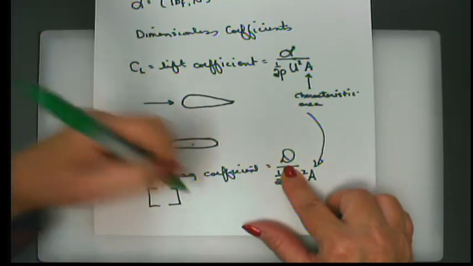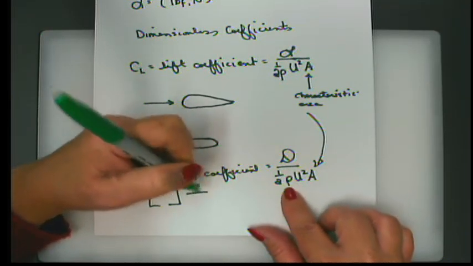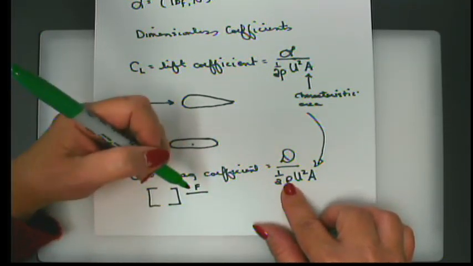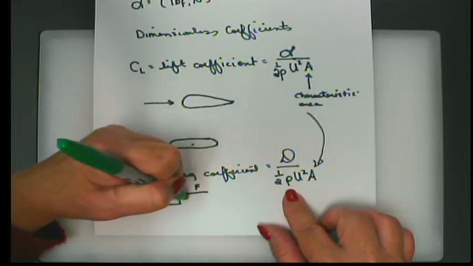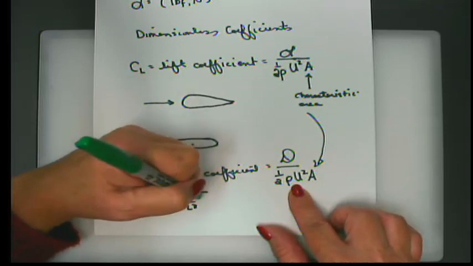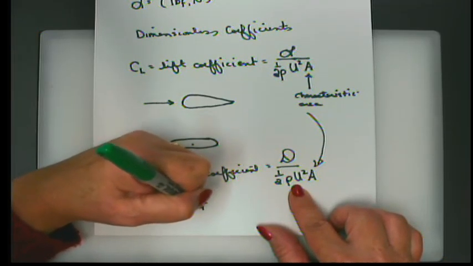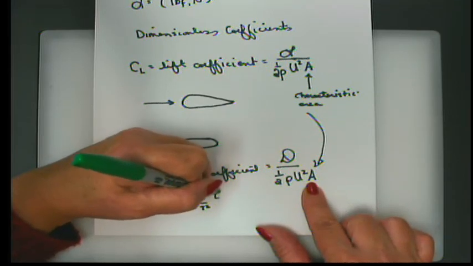dimensionality. You can see drag is in units of force. Half is just a constant. Density is in mass per length to the third, because it's mass per volume. U is length per time, so u squared is length squared per time squared. And area is length squared.